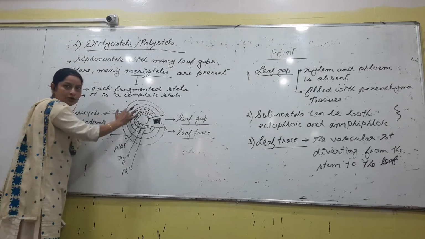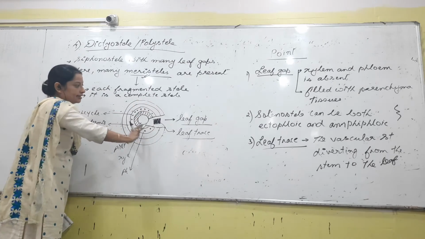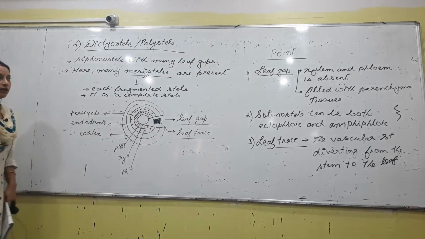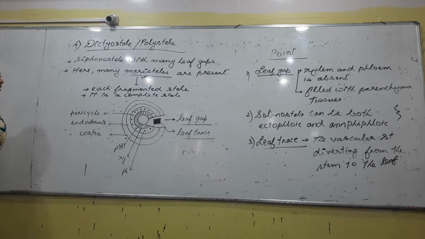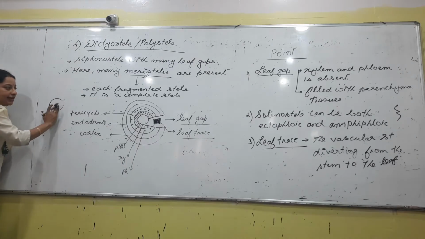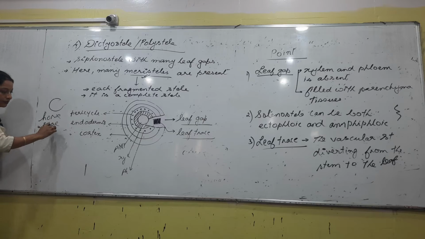If we are talking about the structure and you have just one leaf gap, then the structure would be of a particular shape. What is the shape called as? There is a circle, and in the circle a gap has developed. What do we call this structure? Yes or no? Yes.